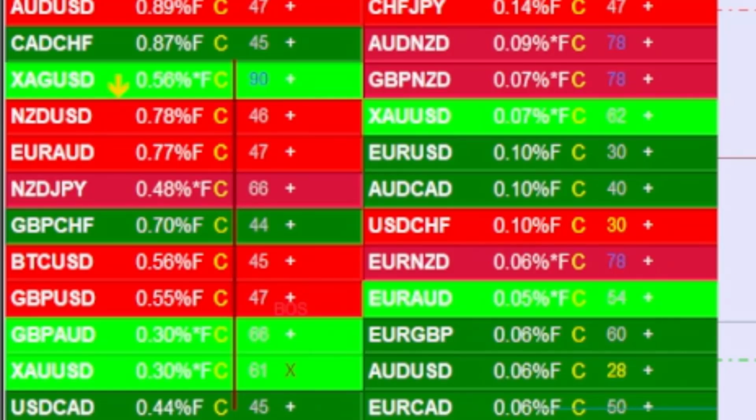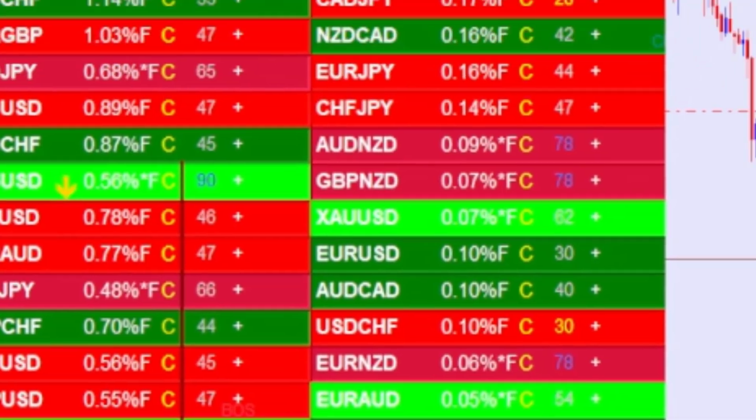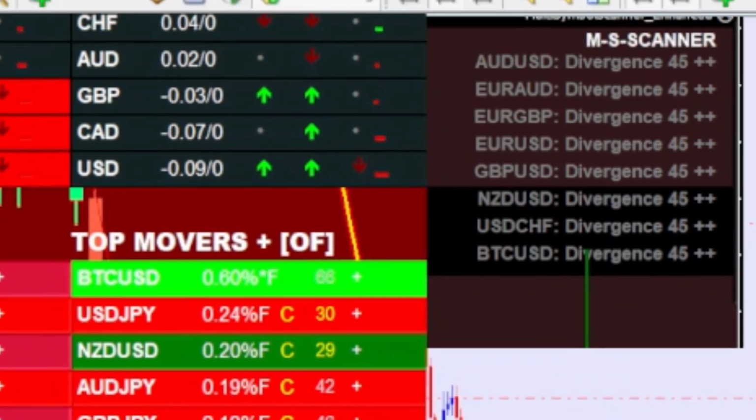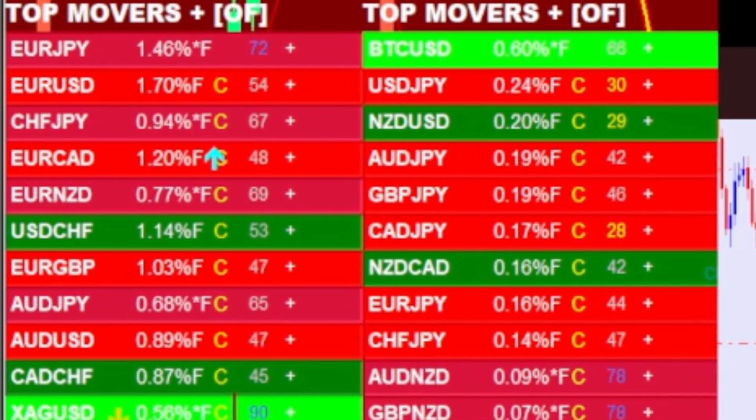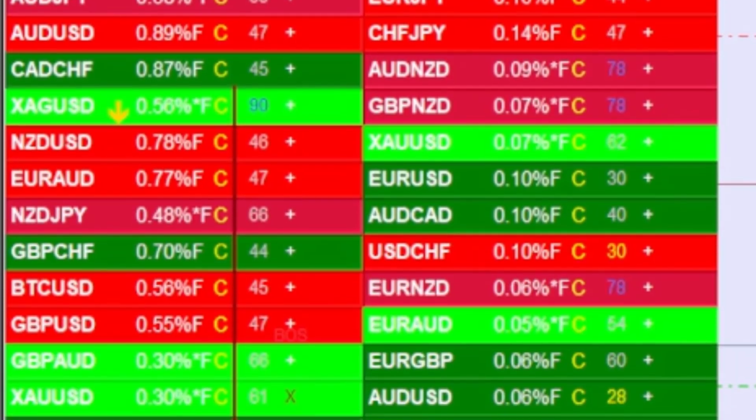This has been picked since the start of the new trading day, around 11 p.m. yesterday. So I took New Zealand USD, and I have USDCHF. In the bigger picture USDCHF is buying, so which means I'm going to sell USDCHF. You see how this works out.